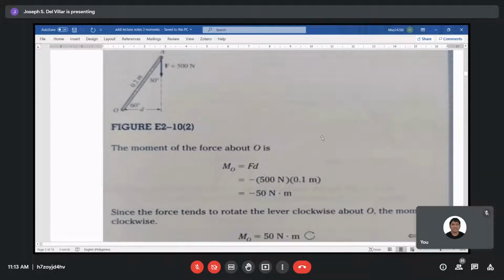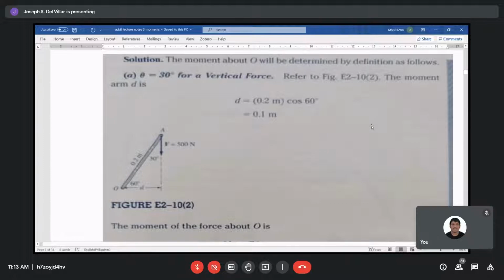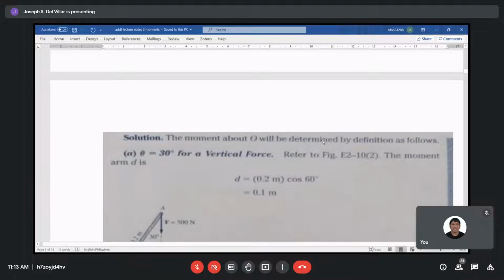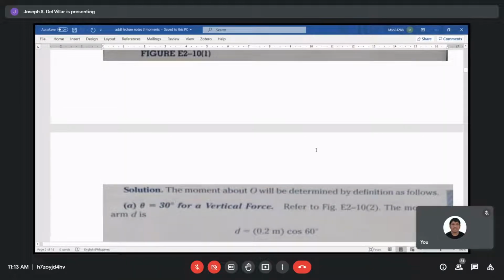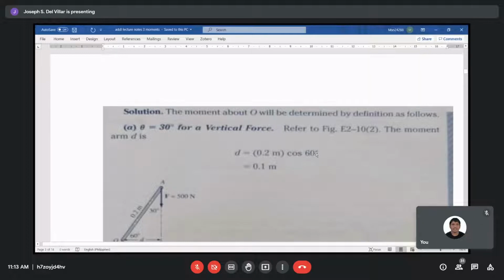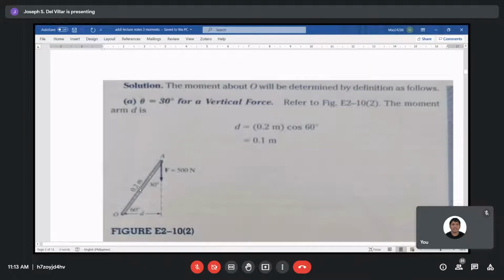So yung kanina, yung sinabi ko kanina is we get the component of the force. That is another solution also, no? Pero ang makukuha natin doon is we retain the length of the lever, 0.2. Tapos kinuha natin yung perpendicular component of the force, which is 500 sine of 30.